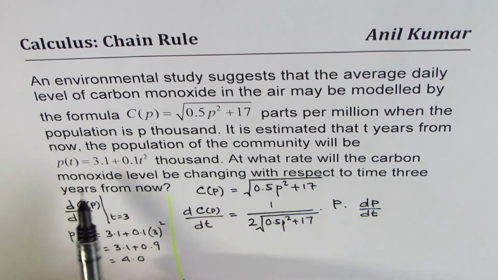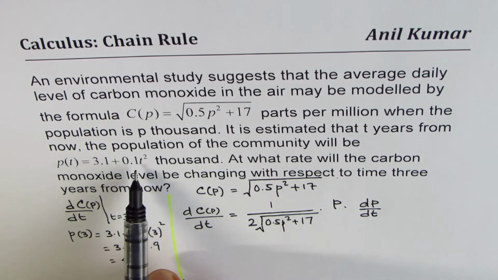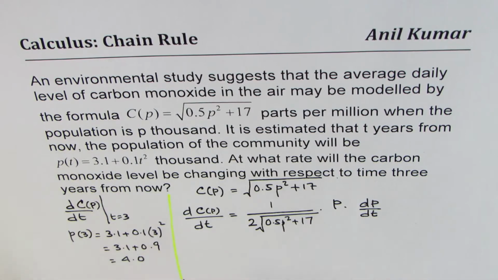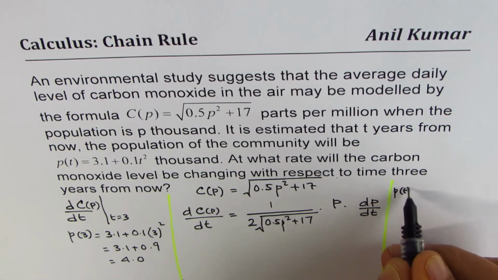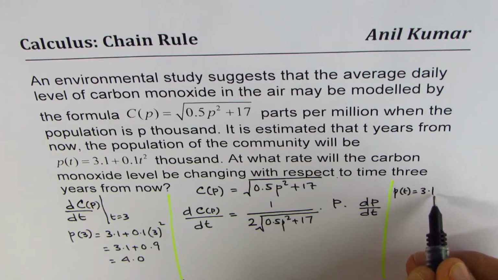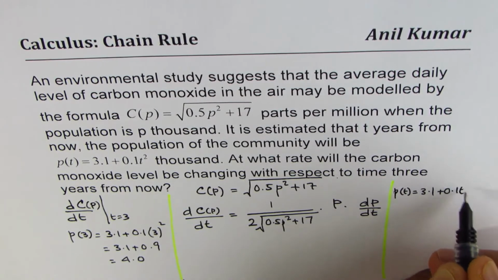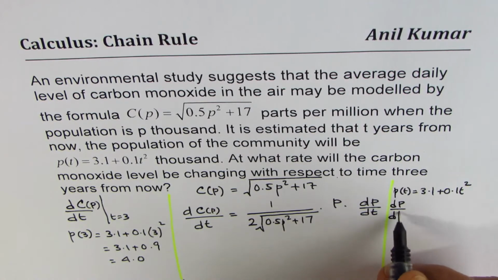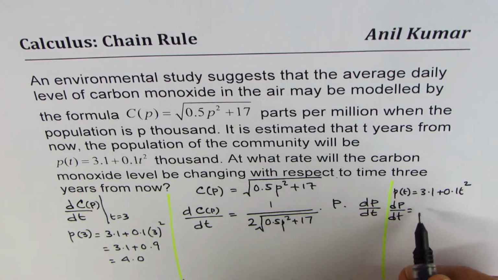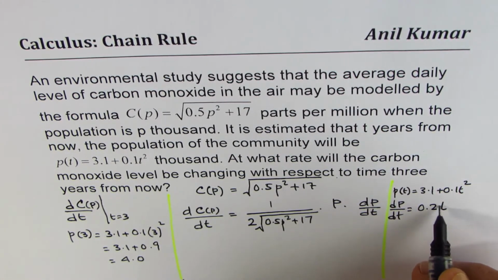Now, population P(T) is given to us. We can always find what dP/dt is. So let's figure that out also. Population is equal to 3.1 plus 0.1 T squared. So dP/dt, this is a constant, we get 0.2 T, right?